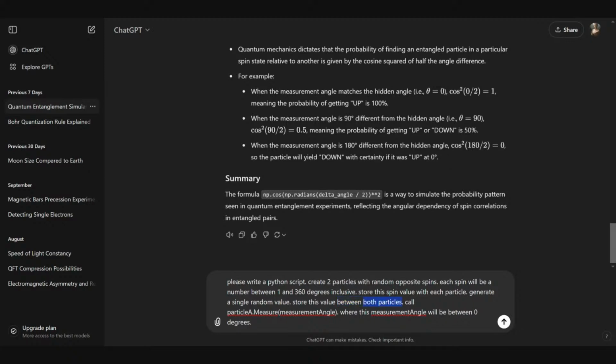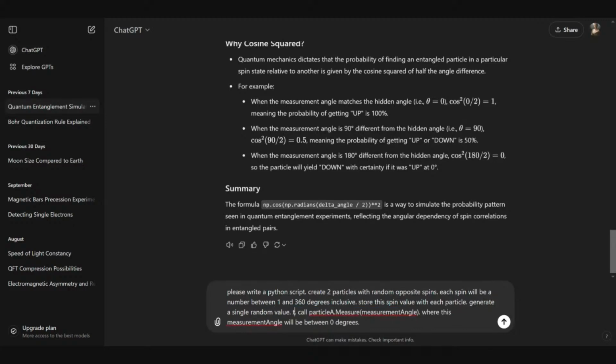It wouldn't know, is it a shared value? Generate a single random value. Tell both particles this value. Create, when in the creation. I have a better idea.